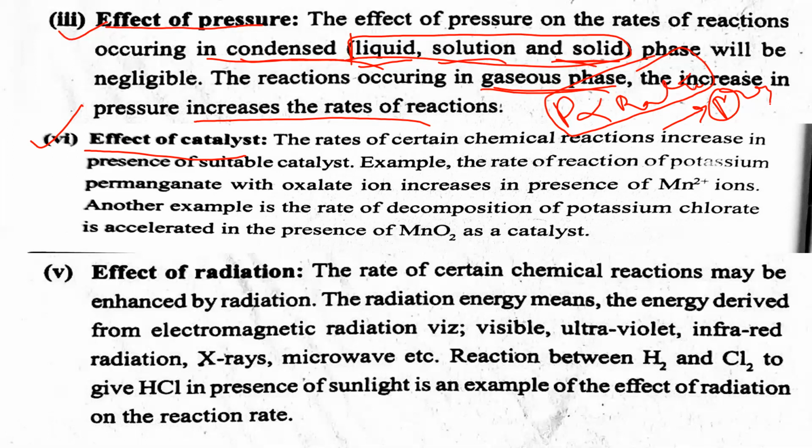So in both cases, we are adding a chemical substance that has the capacity to affect the rate of the reaction. It can increase the rate of the reaction, and on the other hand, it can decrease the rate of the reaction. That is known as the catalyst.